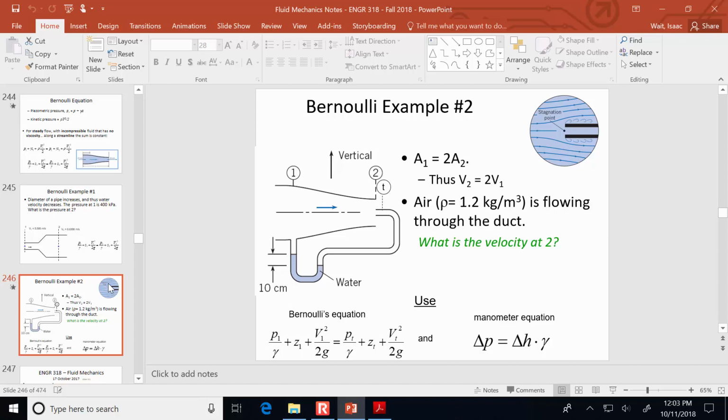Like we'll be combining Euler's equation along with trying to calculate the forces that occur when you are accelerating a fluid. Or in this case, we'll be combining the manometer equation, which is how we measure the pressure change, along with Bernoulli's equation, which relates the pressure change to a velocity change.